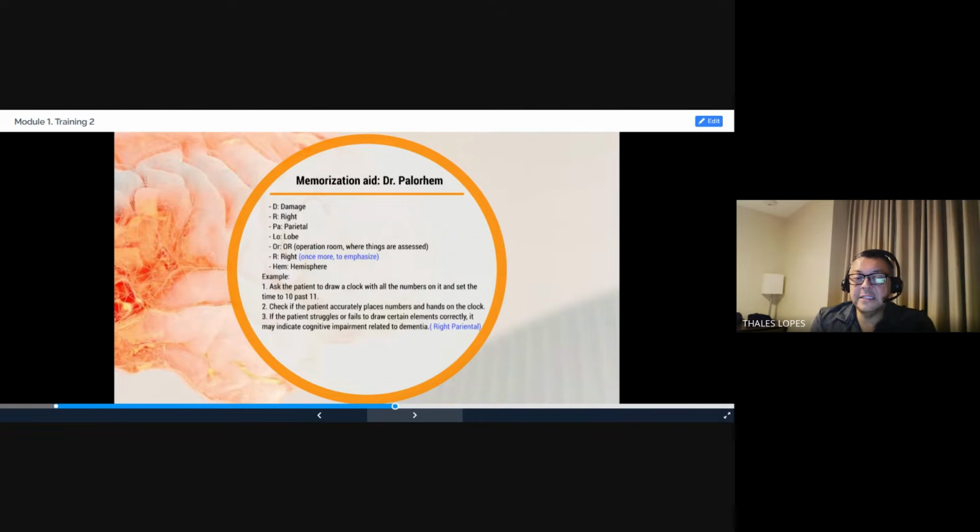The P is the parietal, the parietal lobe, and the R is the right again, just to really emphasize, because the answer options could be right parietal and left parietal, right?